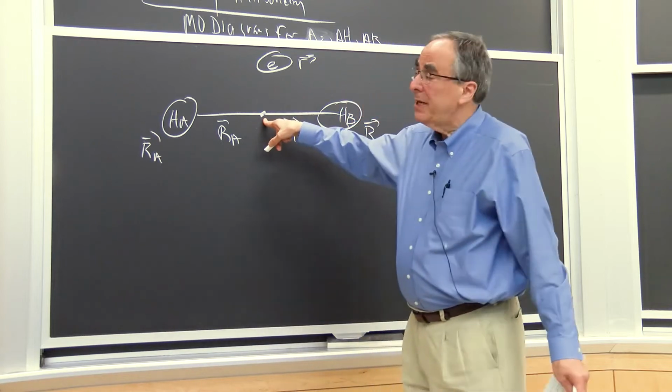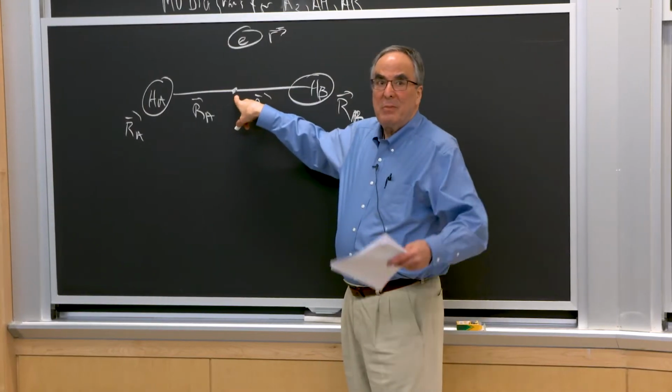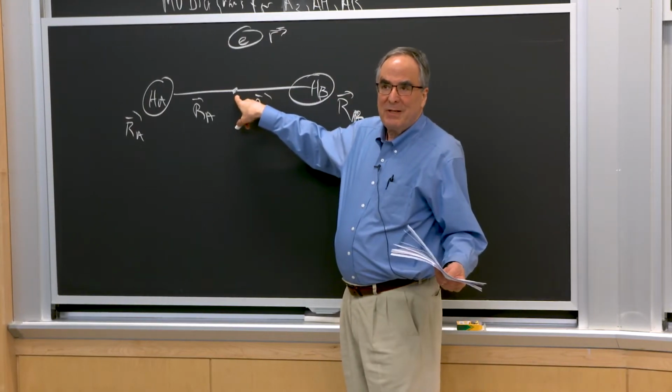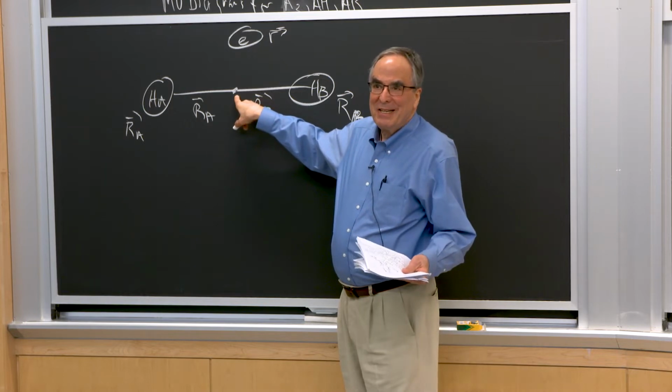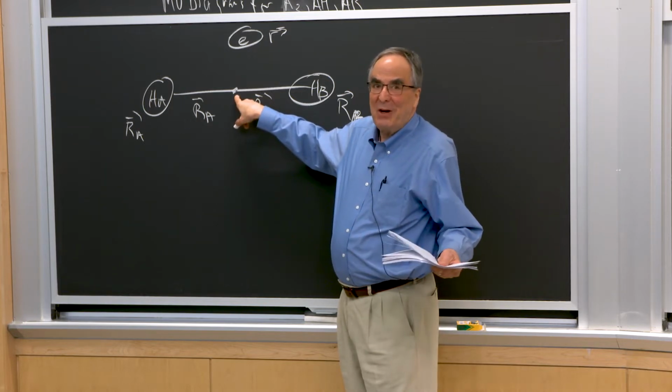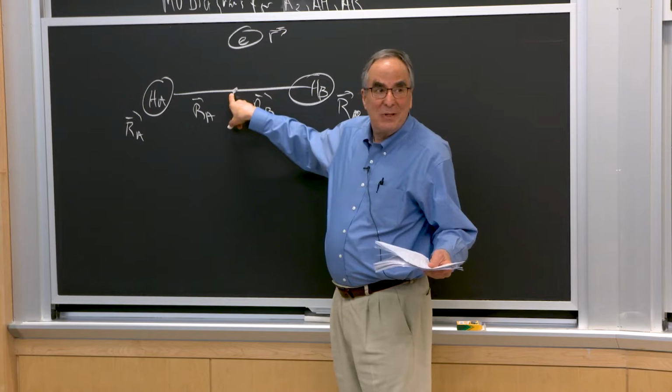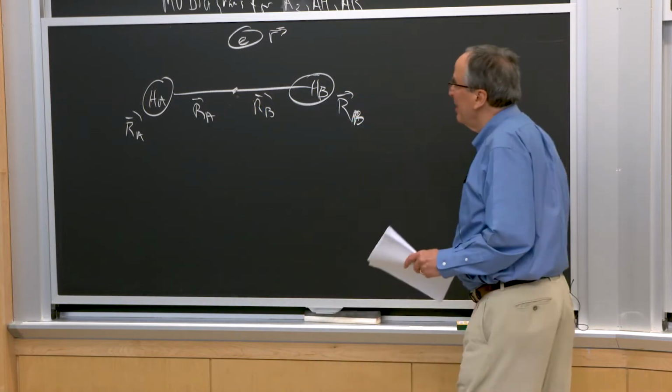Now, the center of mass can be anywhere in space, and we don't really care. So we tend to not talk about where the center of mass is, but there's another set of coordinates for it.